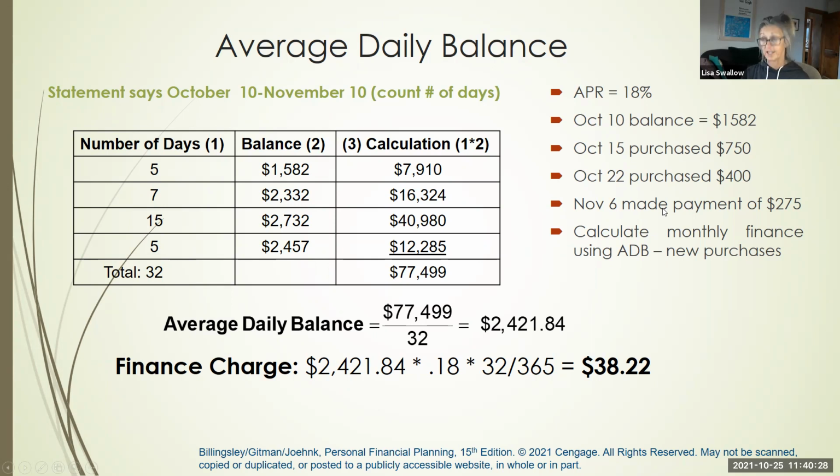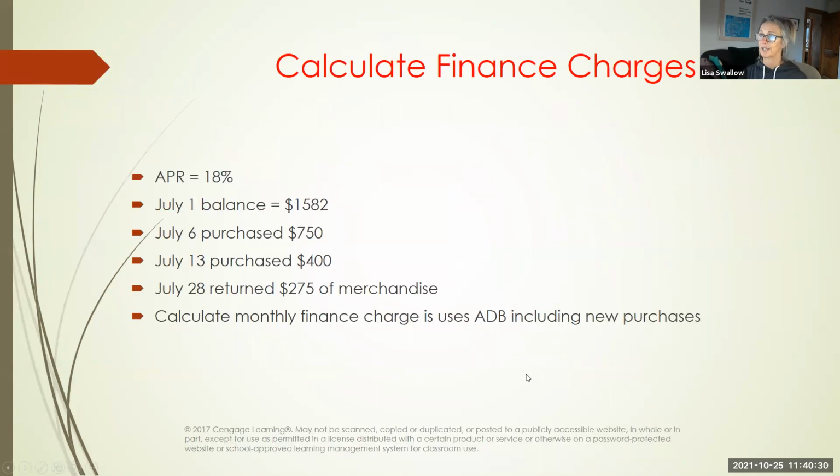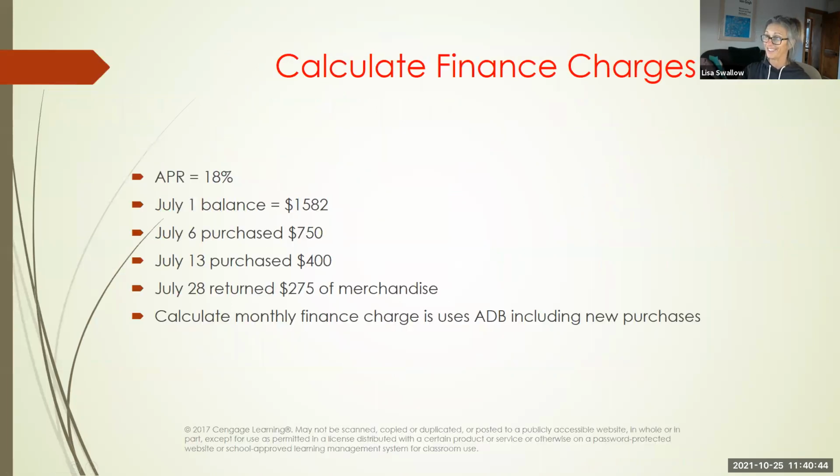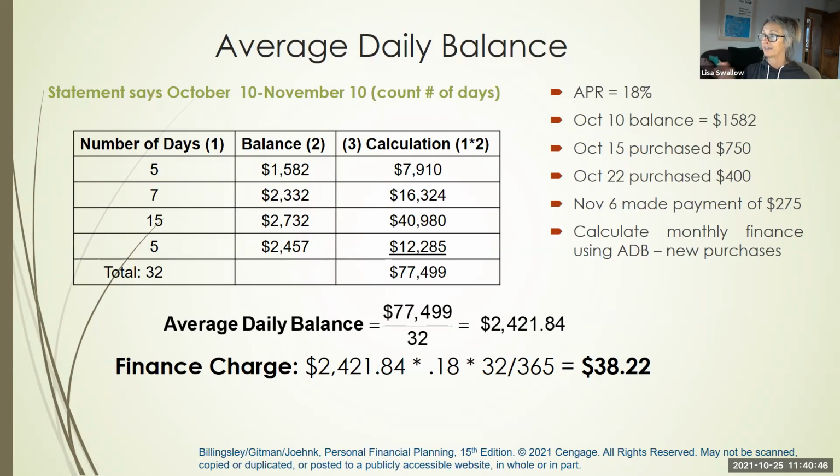So if you did this one, which makes sense, I can give you that number. So this is another one to work, essentially. This has got some additional information. It's got some different dates. So work this one, which you did, and then work this one that's got some different dates, same APR.